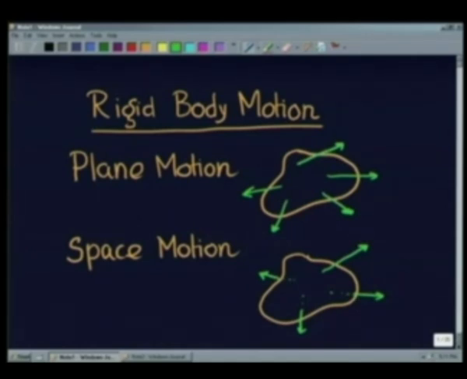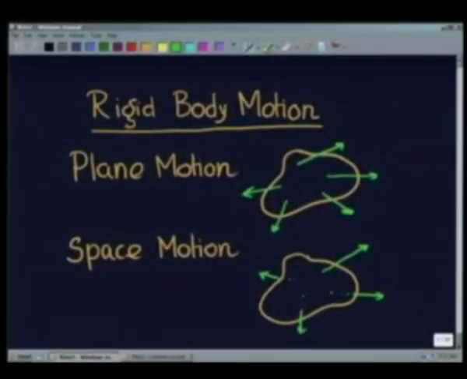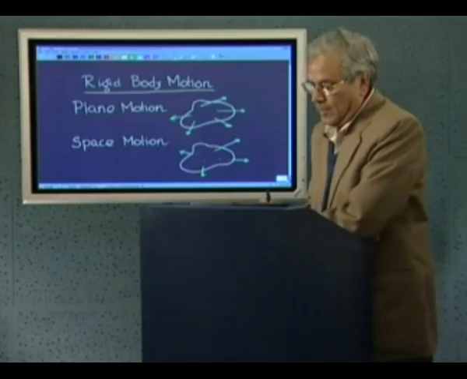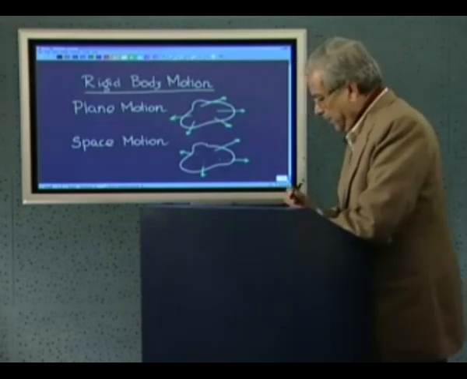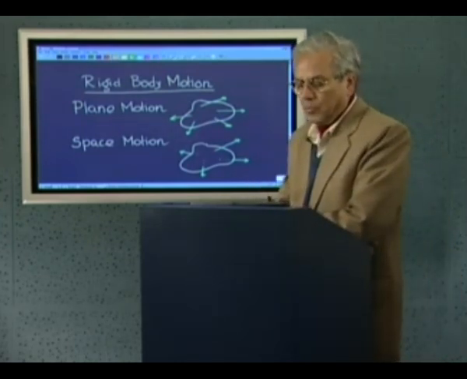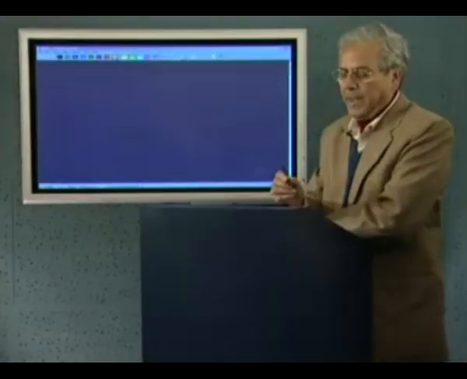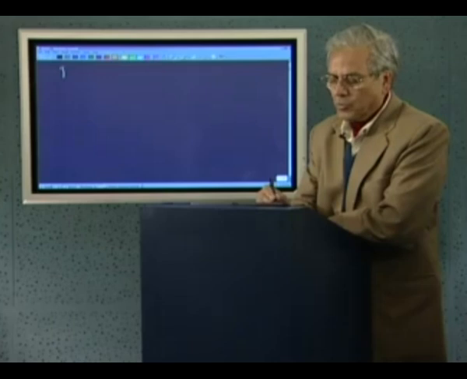So studying plane motion is much simpler, as you can see, because we can project the whole motion, all the motion parameters like velocities, displacements, accelerations, on a projecting plane or the plane of the paper. Next, let us see again in plane motion what are the different possible types you can have. So let us first study plane motion.